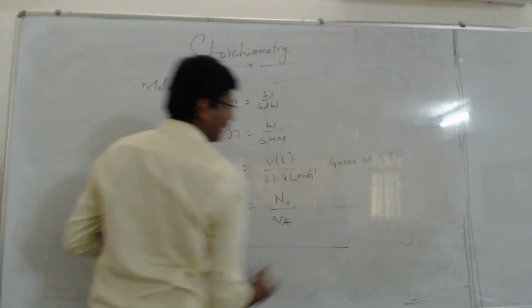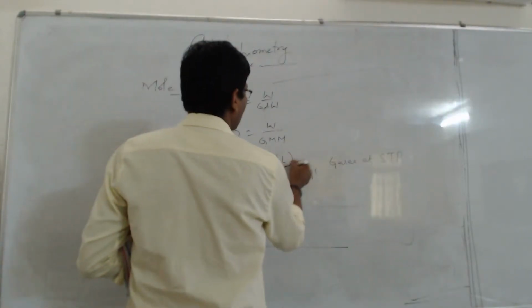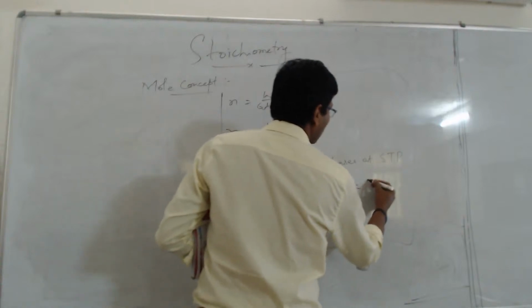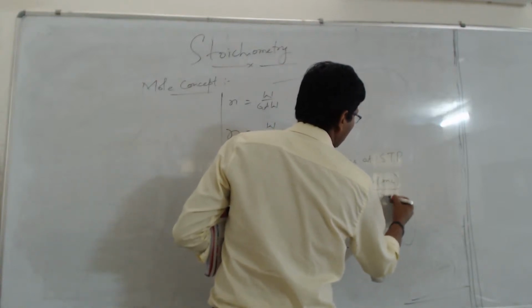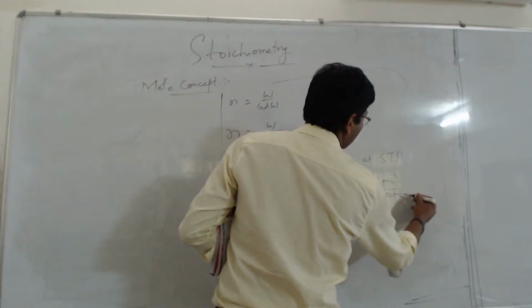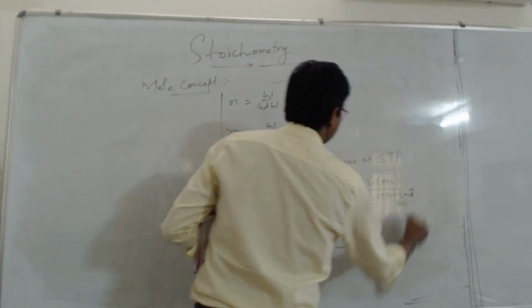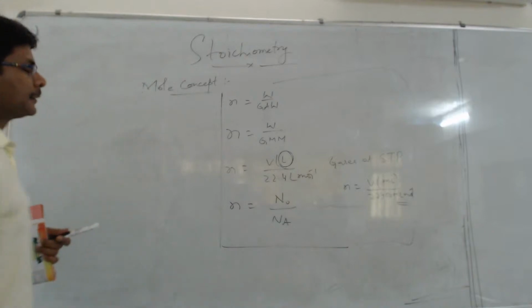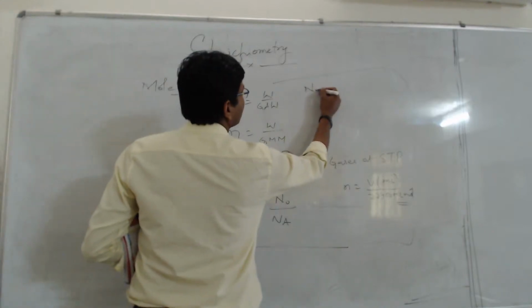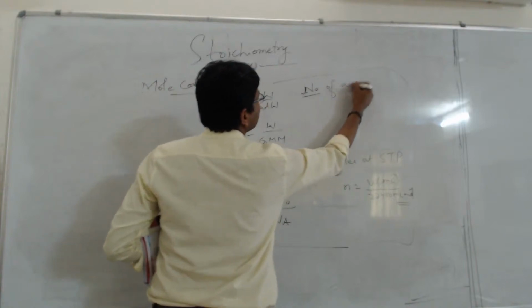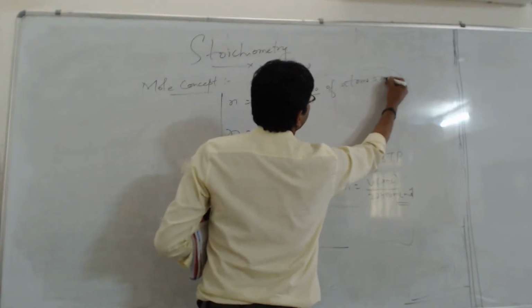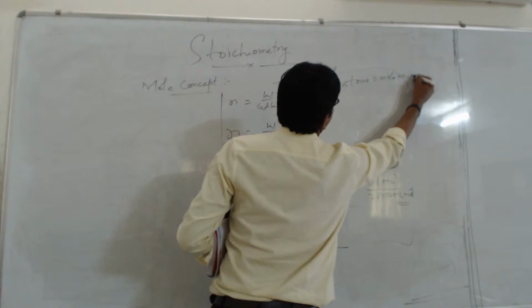One more formula is there. If volume is not given in liters, then you can use number of moles equal to volume in milliliters upon 22400 ml per mole. Similarly, if you are asked the number of atoms, you can write mole into Avogadro number.